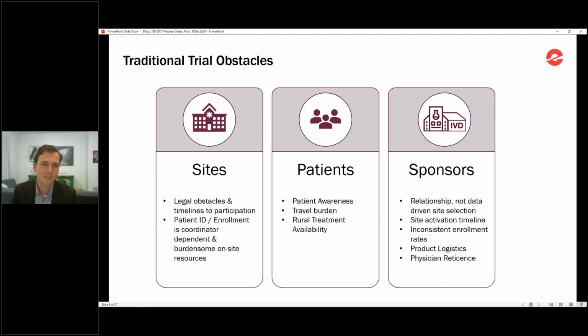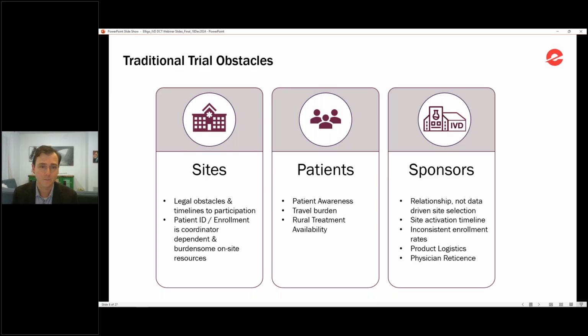From a site perspective, if you're looking at a large academic or research organization, you might have legal obligations or legal counterparts you have to work contracts through that extend the startup period. Additionally, the resources at the site are not always accustomed to doing clinical research, so taking them out of their standard procedures and having them adapt to the clinical trial protocol is burdensome.